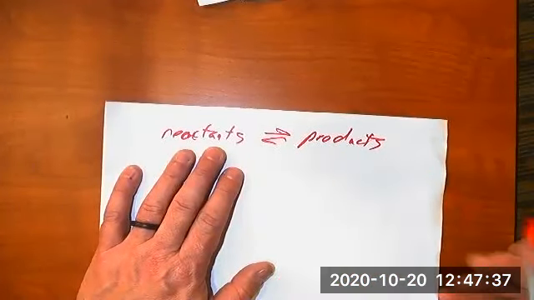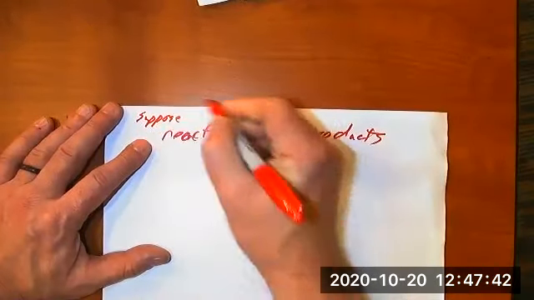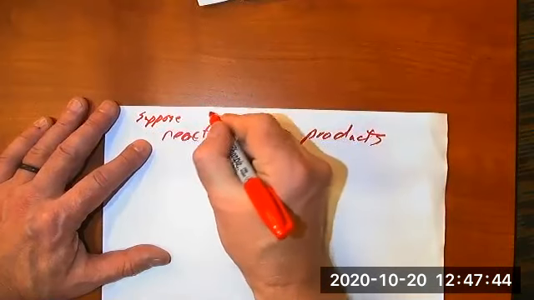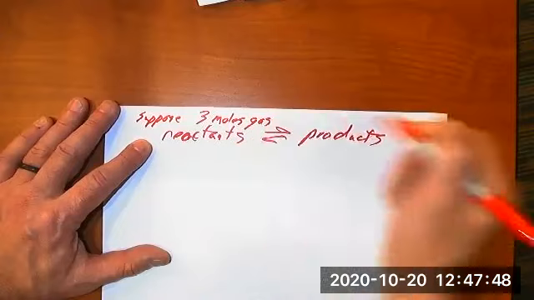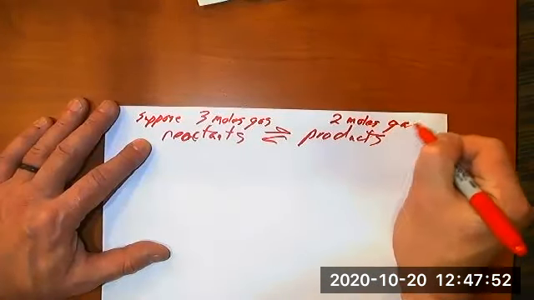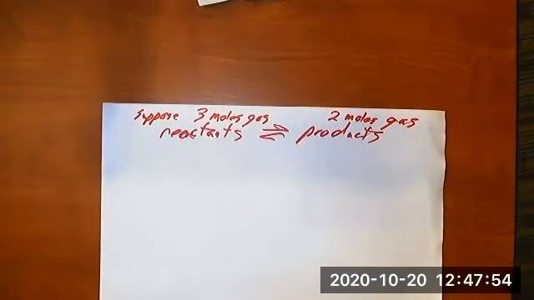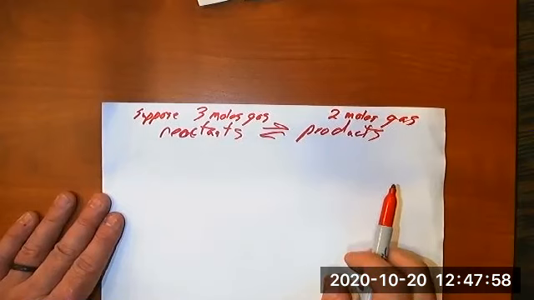Okay. So let's suppose that on the reactant side we have 3 moles of gas, and on the product side we have 2 moles of gas. Okay, so 3A in equilibrium with 2B, something like that.